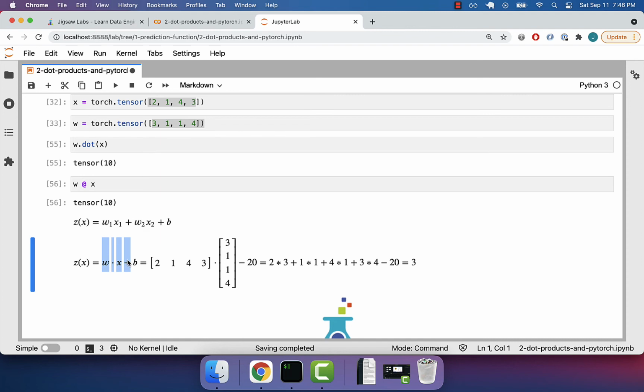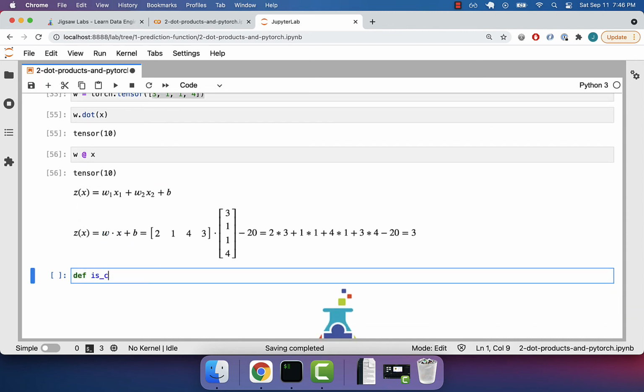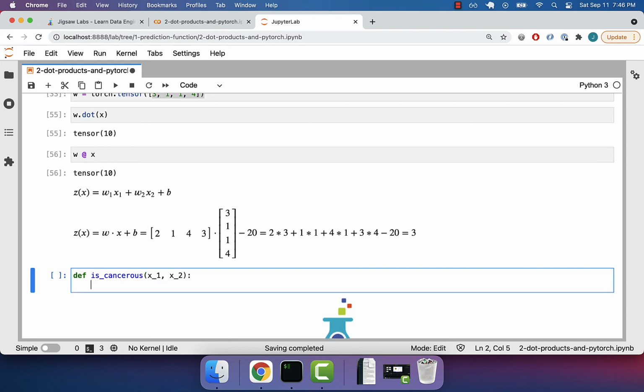And the same thing in code: previously, we would have to write out def is_cancerous of x1 and x2, where x1 was our cell area and x2 was our cell concavities, and then we returned w, maybe 2 times cell area plus 1 times cell concavities.